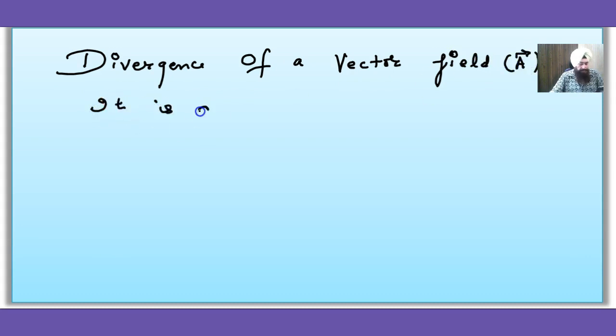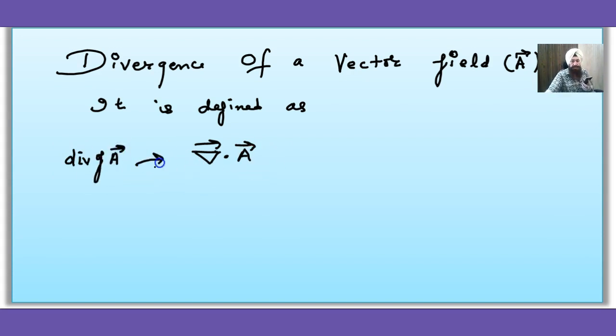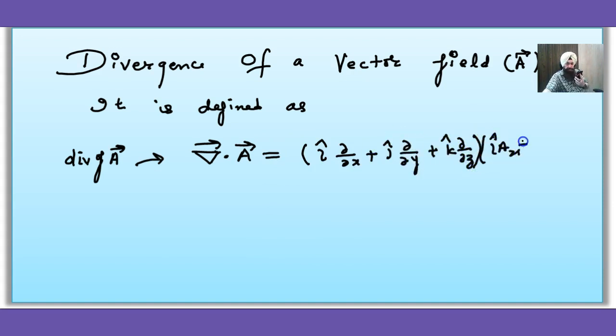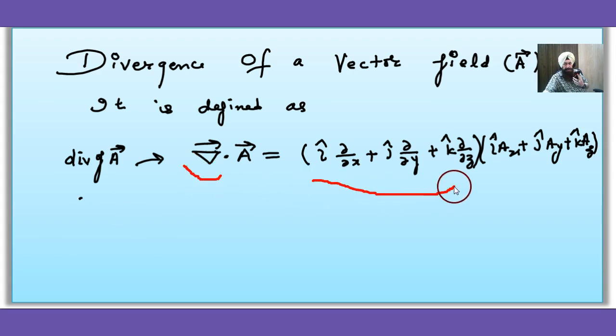Now we learn what is the divergence of a vector field. In Cartesian coordinates, the del operator is like this, then a dot between the two, and the A vector in space has components Ax, Ay, Az.